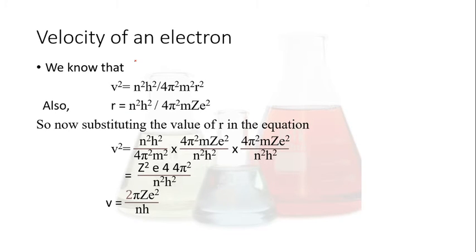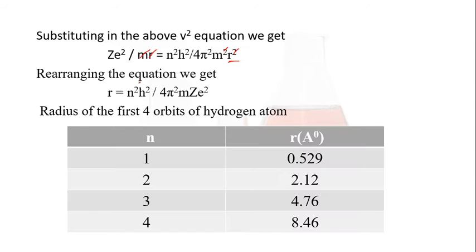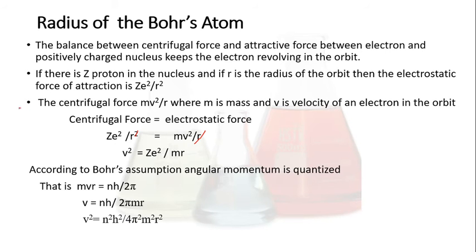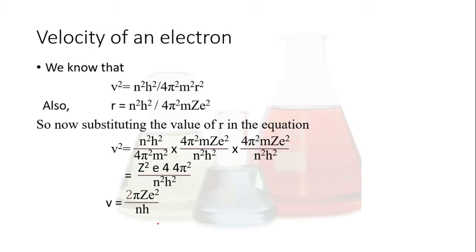Next we will study the velocity of the electron. We know that v² = n²h²/(4π²m²r²).